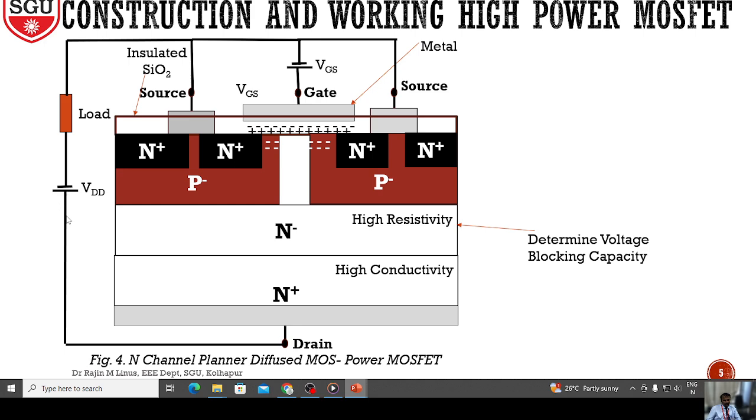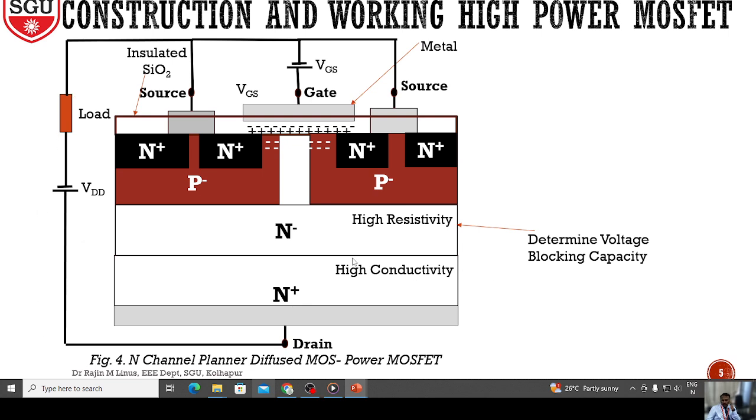This will be VDD, and through the load we have connected to the drain. Here the gate terminal is positive. The gate and the source are the control terminals, and the source and the drain are the power terminals.